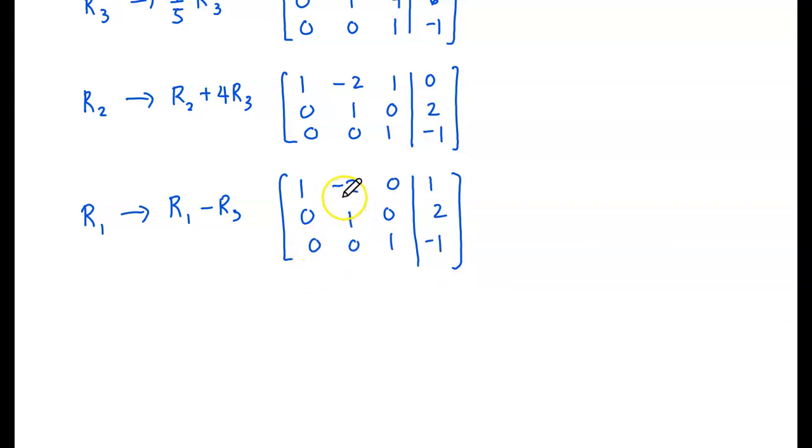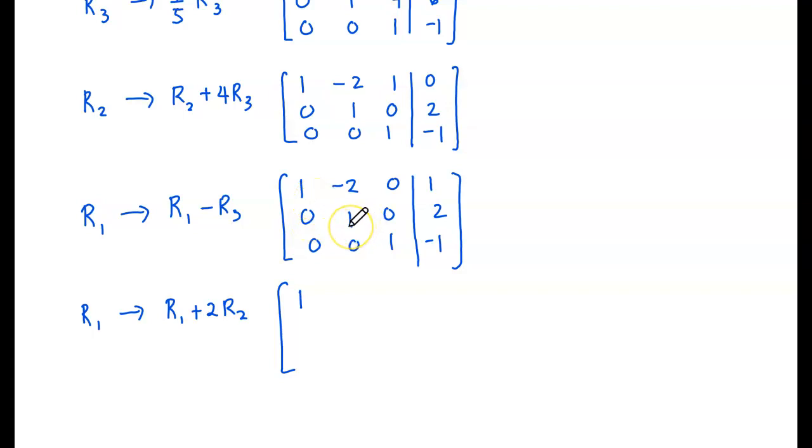Now, as the final step, we want this to be 0. How do you make this equal to 0? You would replace your row 1 by, you multiply row 2 by 2 and then add that to row 1. So it's row 1 plus 2 times row 2. So 2 times 0 is still 0. Add that to row 1 is 1.